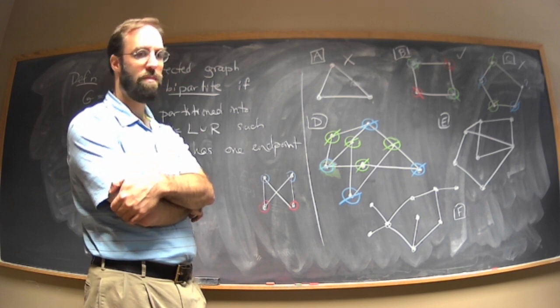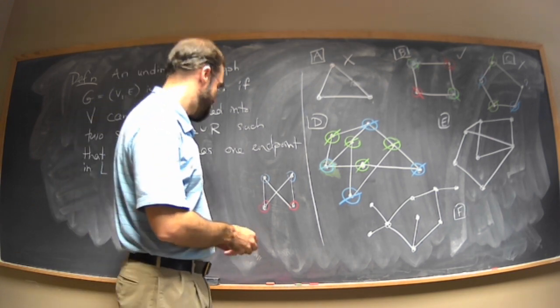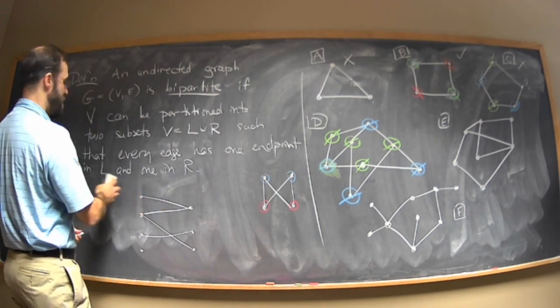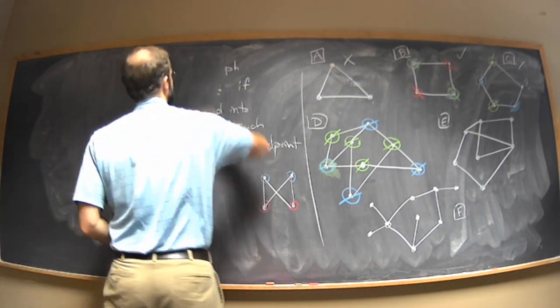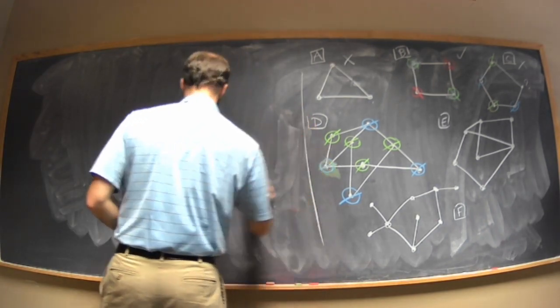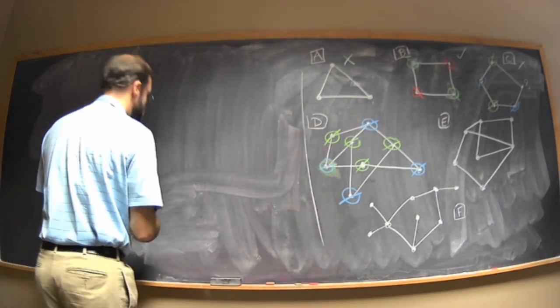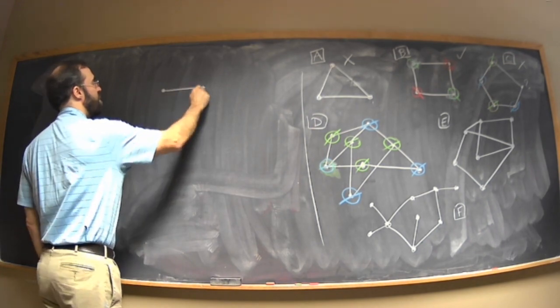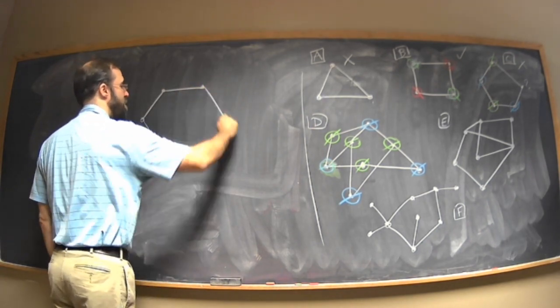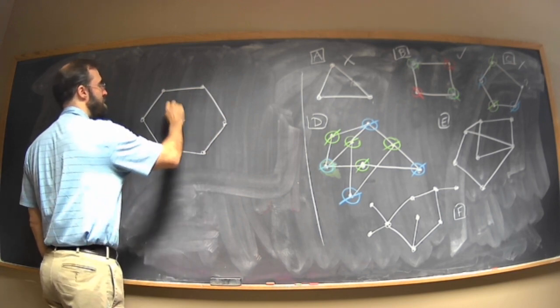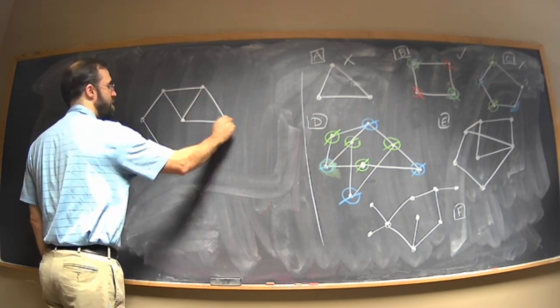Hexagon with a point in the middle pointing to everyone. Okay, let's try it. So you want a hexagon and then a point in the middle. Isn't it a bunch of odd numbered cycles though?